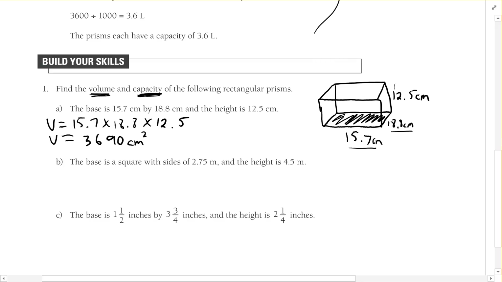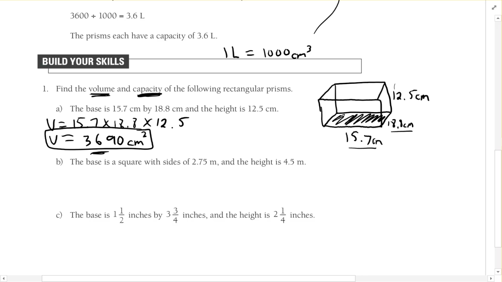Now to find the capacity, remember I said that the capacity is how much water can go in. Well, I know that in 1 liter of water, there are 1,000 centimeters cubed. So all I need to do is take my answer in volume there and divide by 1,000.